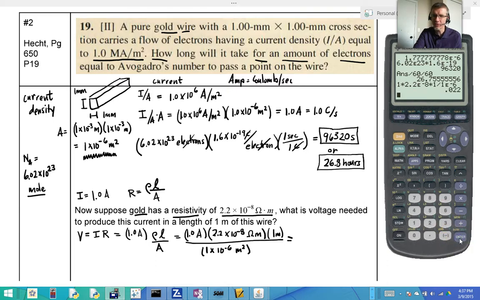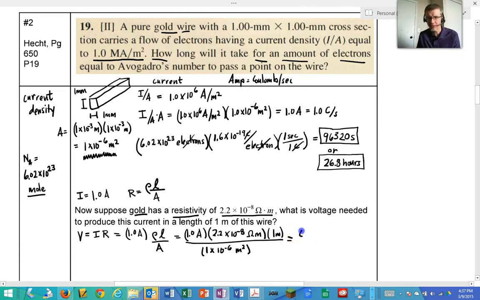Put that in, and you get a voltage of 0.022 volts. Not a very large voltage to create that much current.